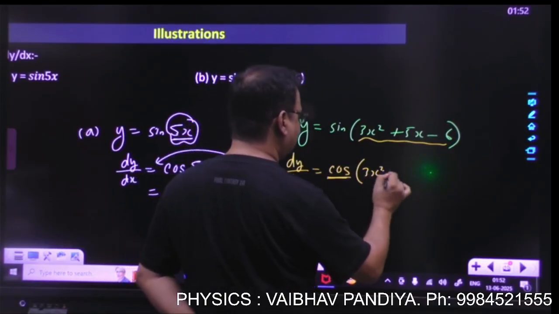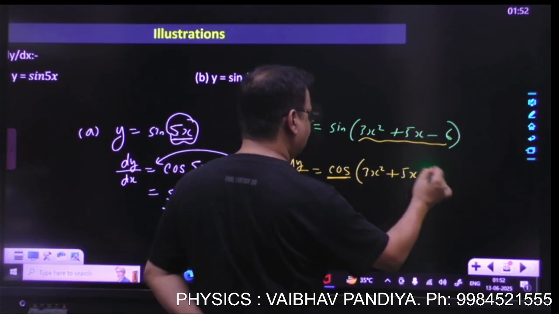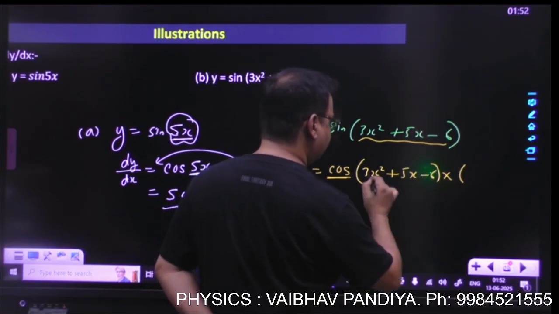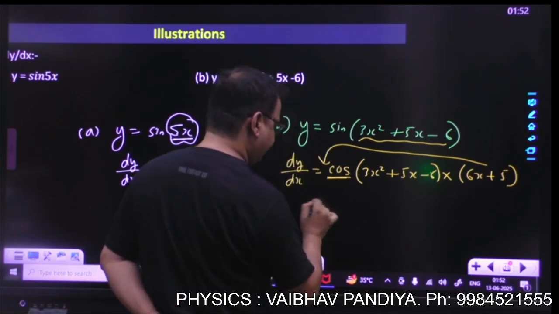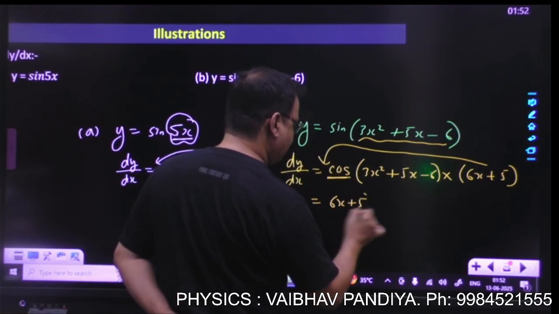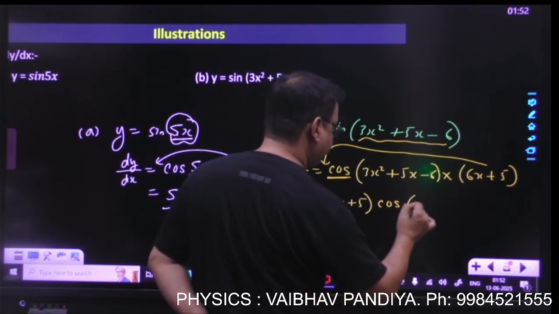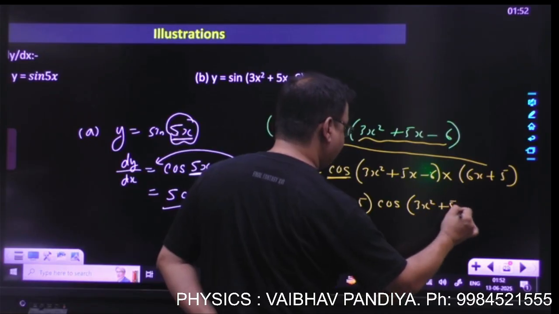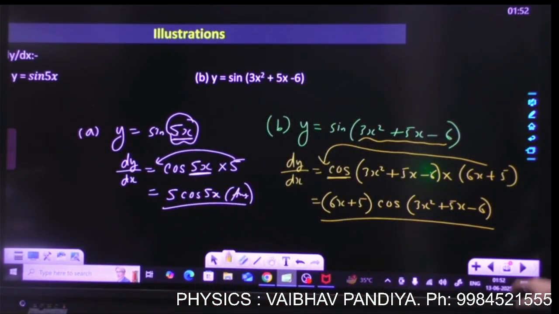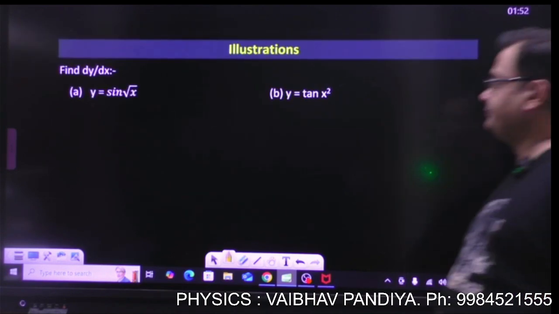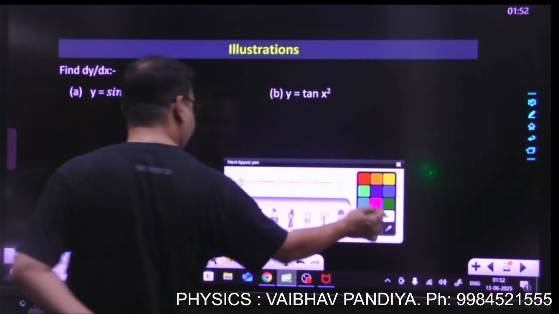Copy the argument, multiplied by derivative of the argument. So we'll have 6x plus 5. Bring it outside. You'll get 6x plus 5 cos 3x square plus 5x minus 6. That is your answer. Got it? Okay. Now let's see some more illustrations.